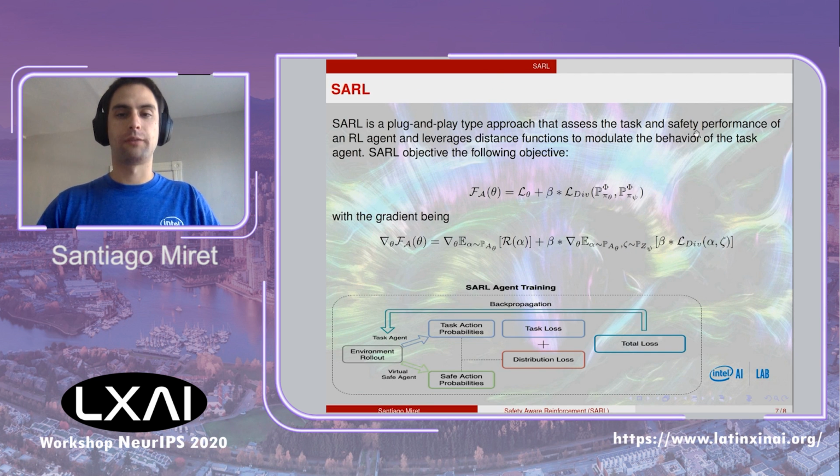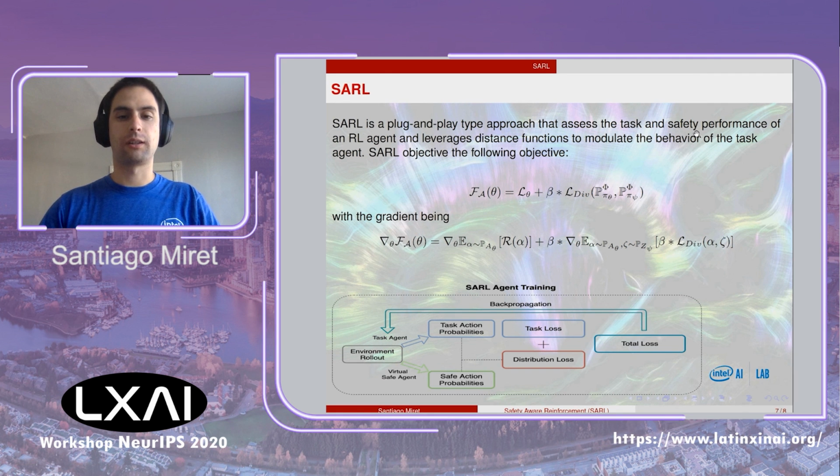So our method for tackling this problem is SARL, where basically we assume that there is a distribution that represents a set of task optimal actions and a distribution that represents a set of safe actions.